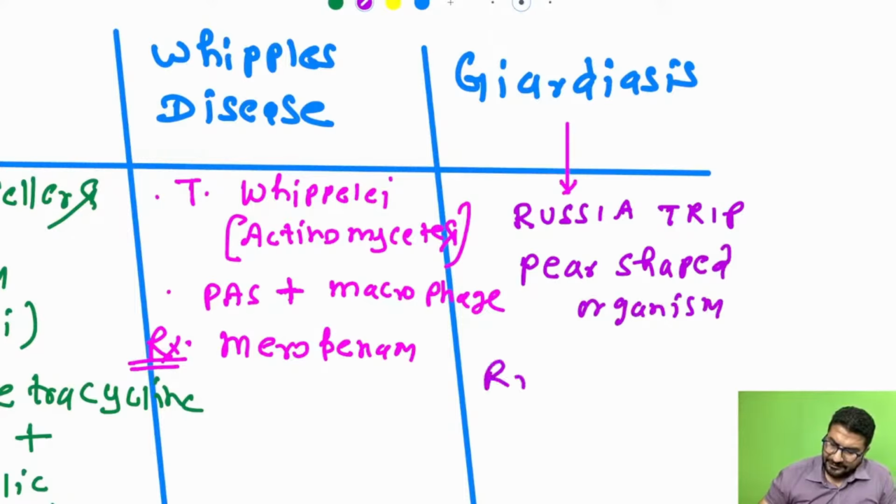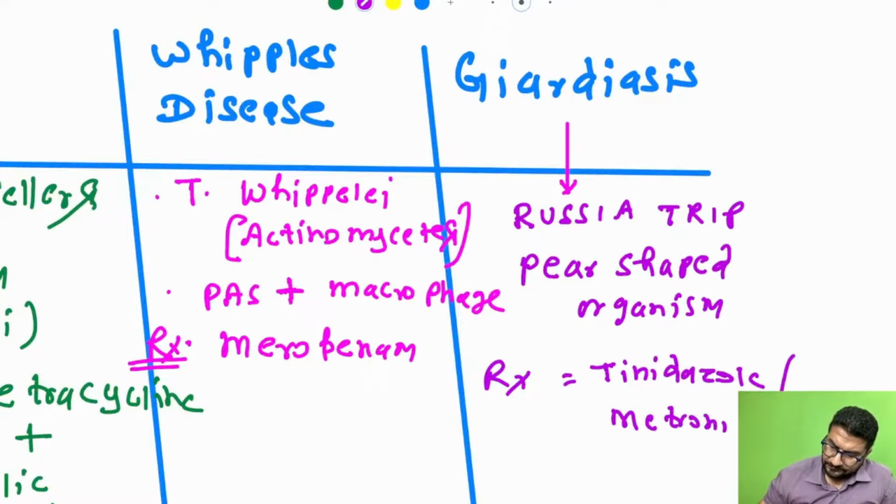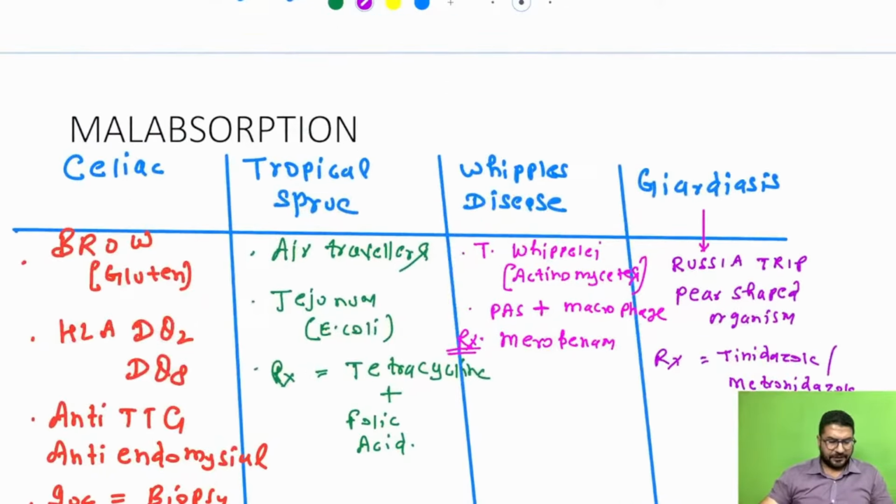And in treatment what we give, you can use tinidazole or metronidazole. Tinidazole or metronidazole. So this is the treatment of different malabsorption.